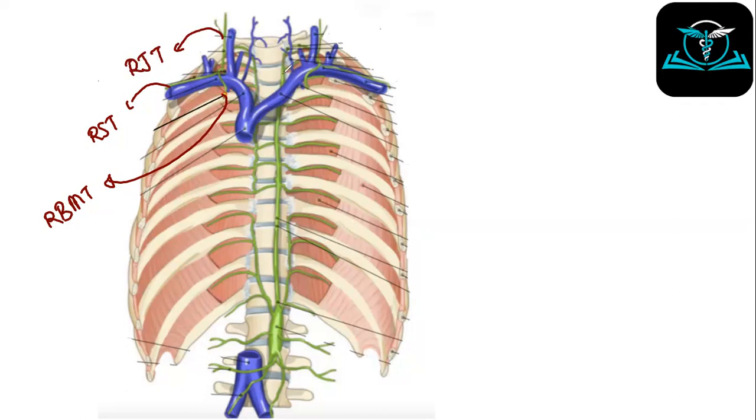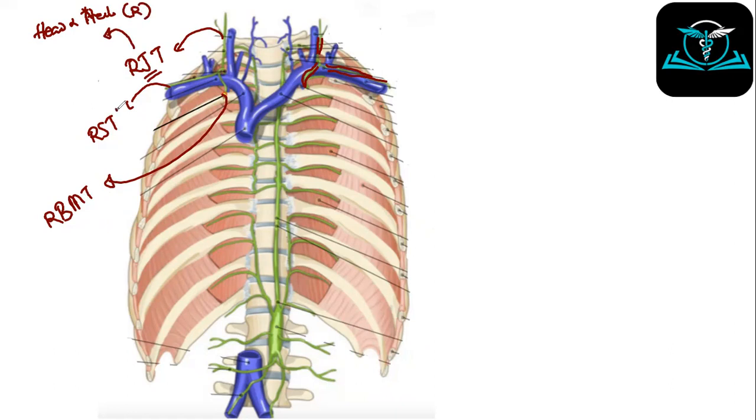It runs up and into the root of the neck. It is joined by the left jugular trunk, the left bronchomediastinal trunk, and then the left subclavian. And so do you remember what we said? We said that the right jugular trunk will bring lymph from the head and neck on the right part.